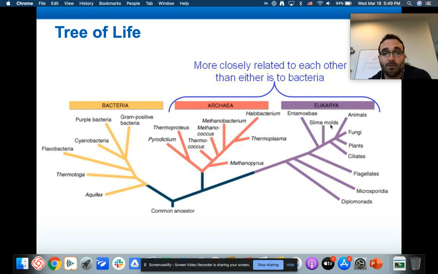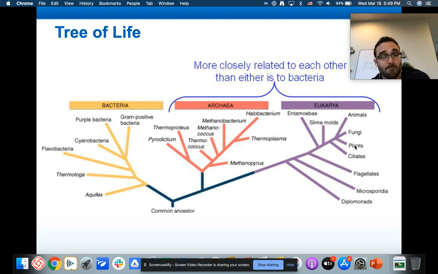We have already talked about protists. So a protist is anything that is not an animal, fungi, or plants. So slime molds, flagellates, diplomonads, amoebas, all of these are considered protists. Now, remember, protists most likely evolved into animal-like, fungi-like, and plant-like.